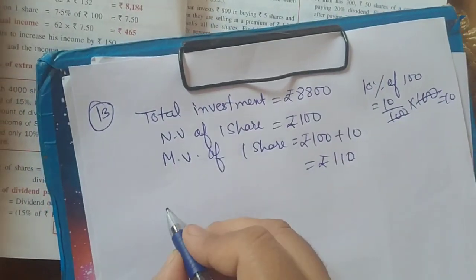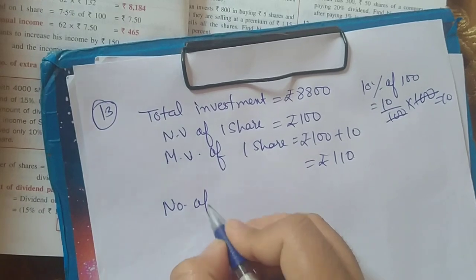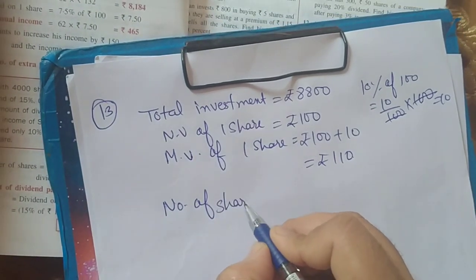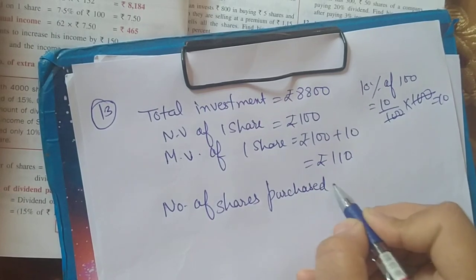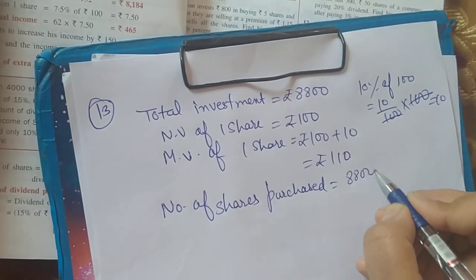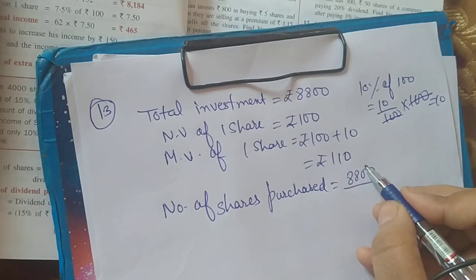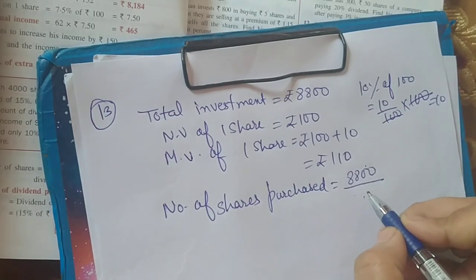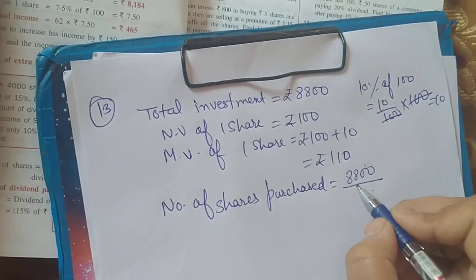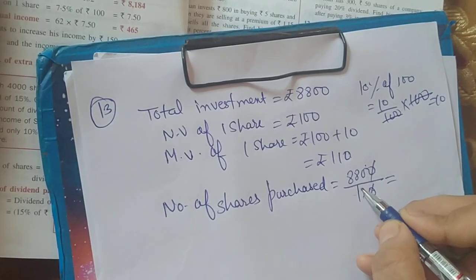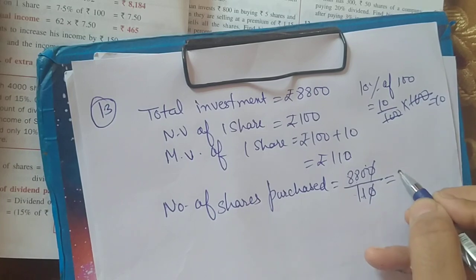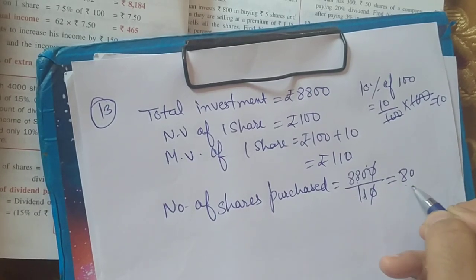So number of shares purchased is equal to 8800, total investment, divided by the market value. Market value is 110. The zero cancels. So 88 divided by 11 is 8, and 0.